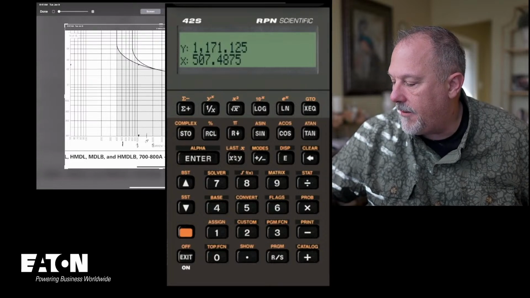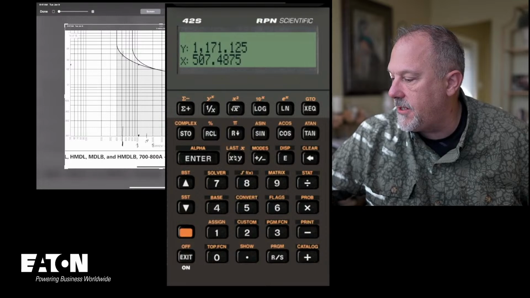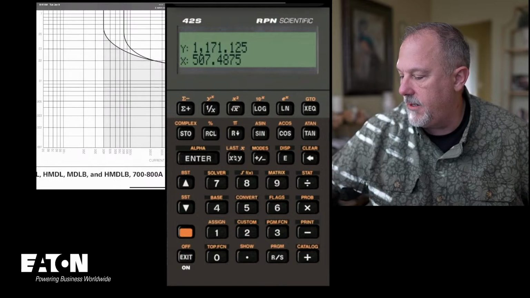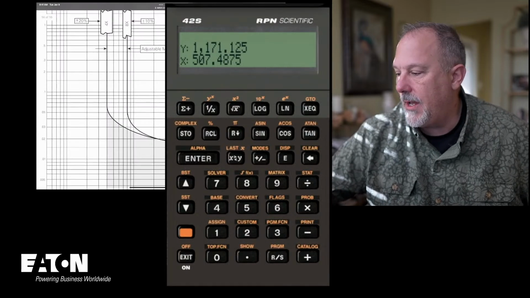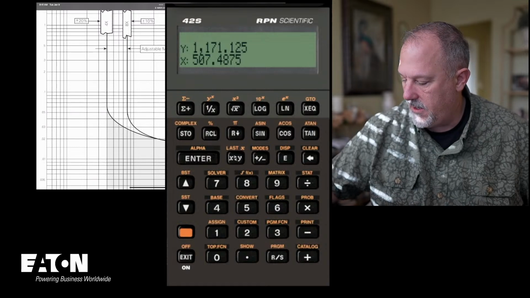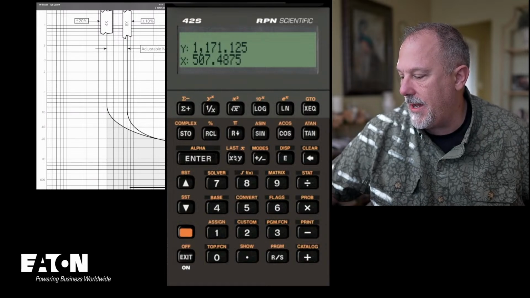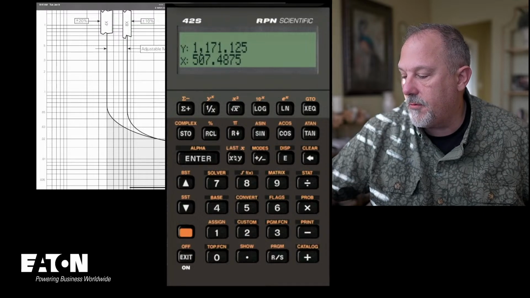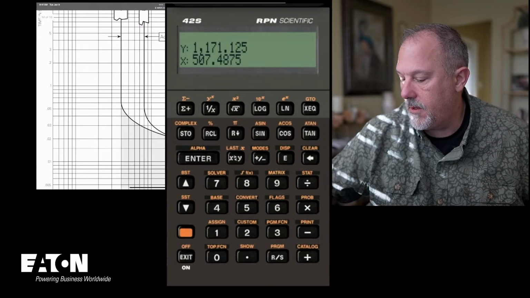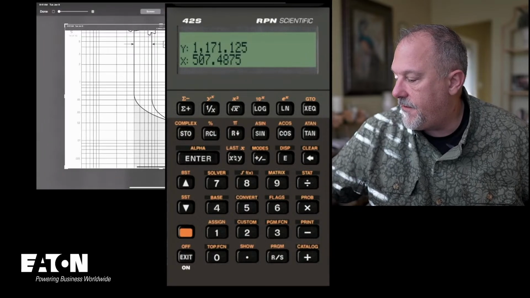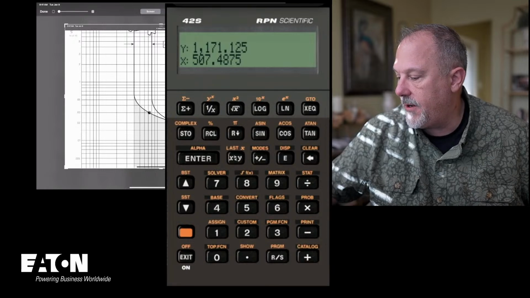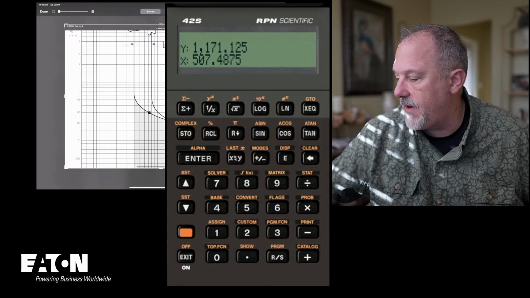So my arcing current is down in this region, which is 500 some. I'm at 507. I'll give it to you: if this is 0.03, remember 500, 1, 2, 3, 4, 5, this is 500 right here.